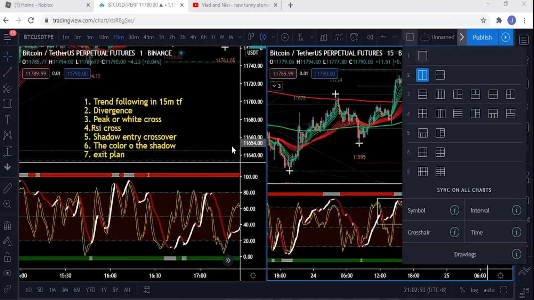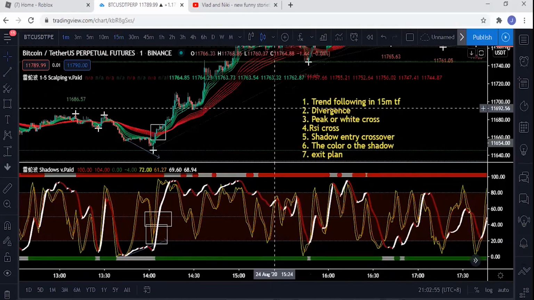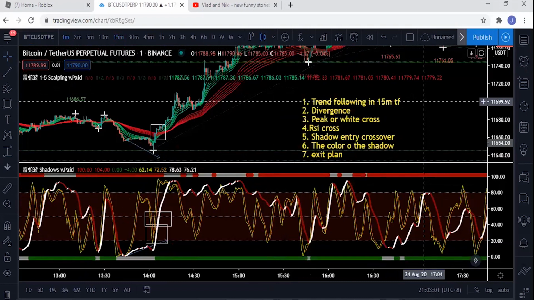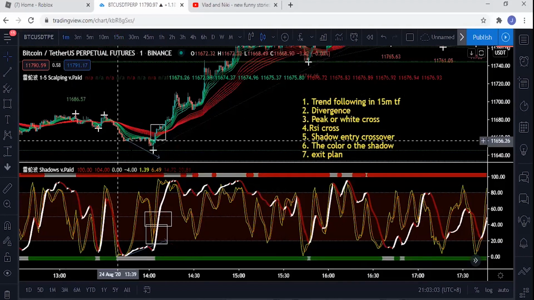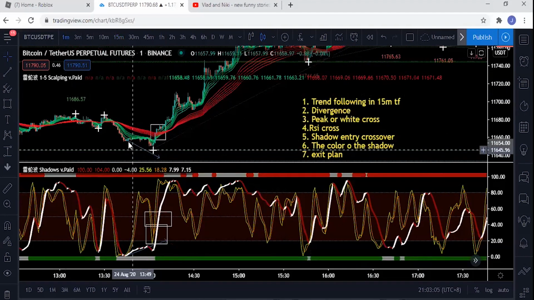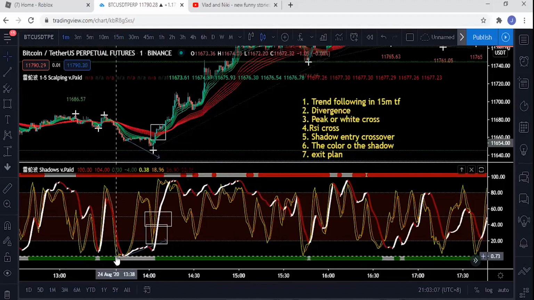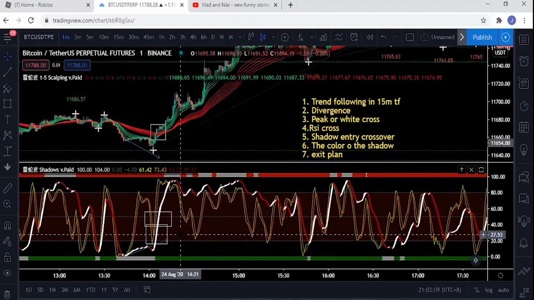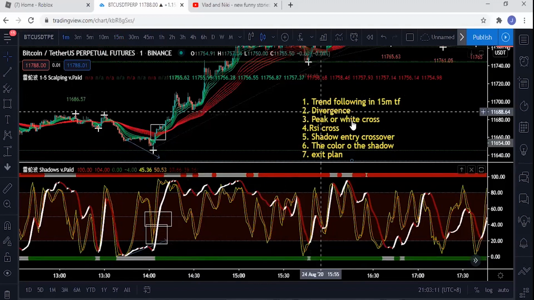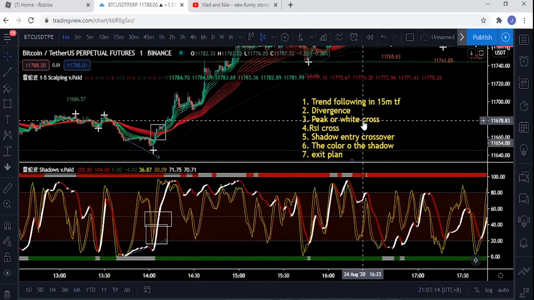Okay, so from here, our first criteria, trend following 15 minutes. 15 minutes is bullish, so we are going to buy up. Then second criteria is our divergence. We already plot our divergence, price action going down and then oscillator is going up, so that is a divergence. Next is our peak or white cross.